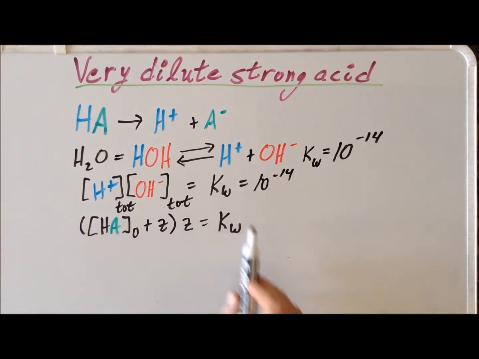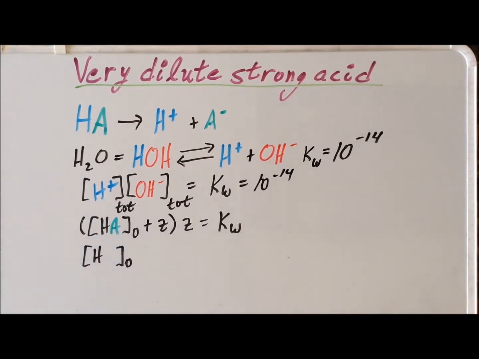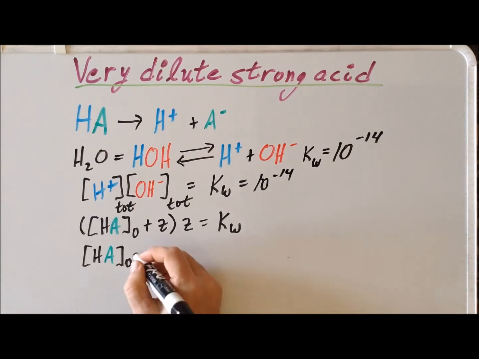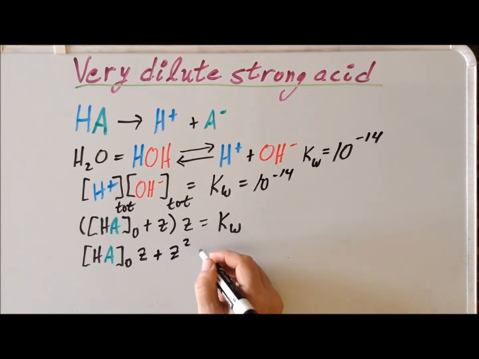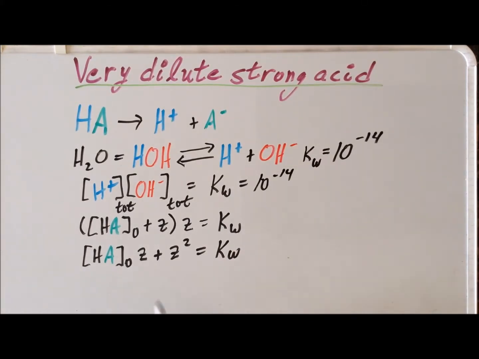We can now simplify this expression by using the distributive law. So we have the concentration of HA initially times our variable z plus the variable z squared, and this is equal to the dissociation constant for water. So now let's subtract kW from each side and flip the terms on the left-hand side, which we're able to do because addition is a commutative property.